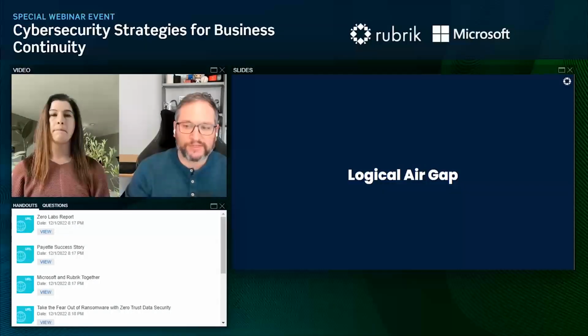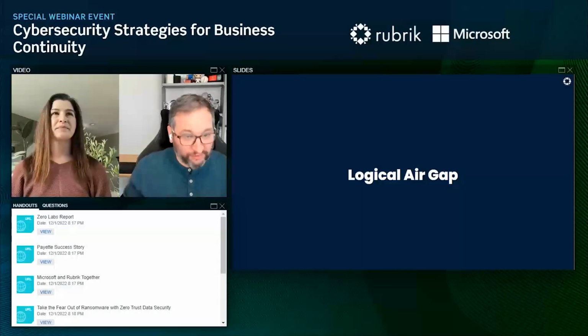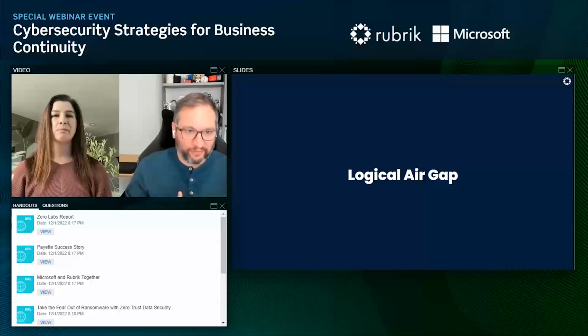So one of the reasons why we have logical air gaps now is because we can get almost as good of security with having the data online and available. There's various different technologies that allow you to achieve a logical air gap. Really, the point of today is not necessarily to talk about specific technologies, but just to get you thinking that, hey, logical air gap, it's been around for a while.